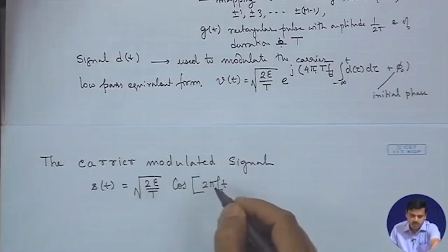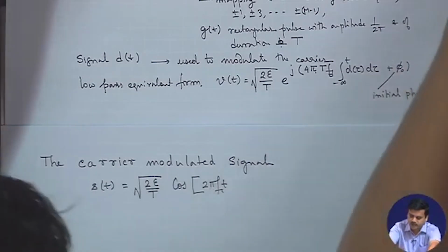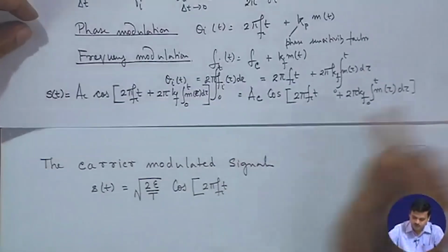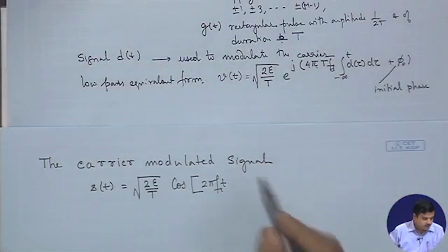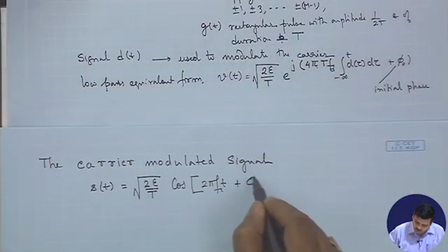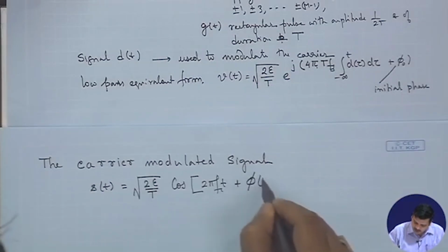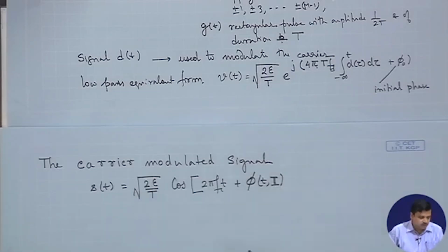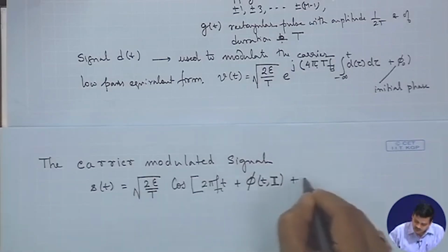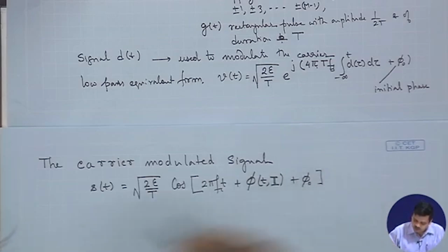This is similar to the earlier expression that we had used. So, you would check this 2 pi f_c t, and then we have the phase, and now we write the phase as a function of t and the whole sequence of I, plus let there be this phi naught.